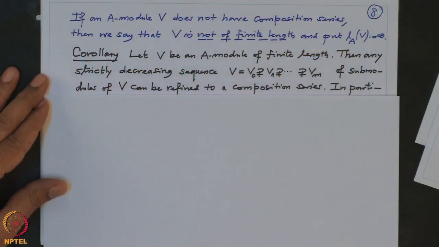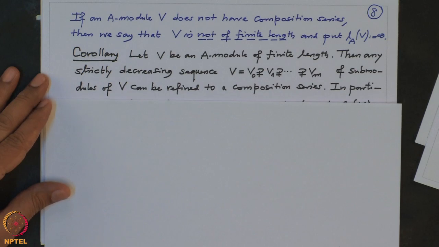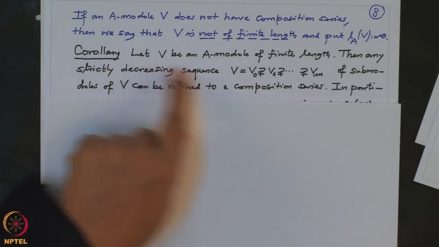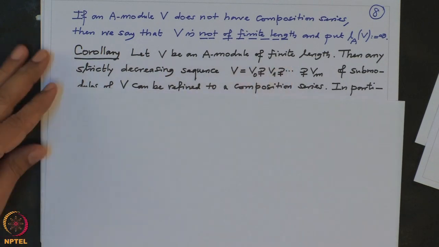Alright, so suppose I have a module V of finite length. Then any strictly decreasing sequence of submodules can be refined to a composition series, but the assumption is V should have finite length.